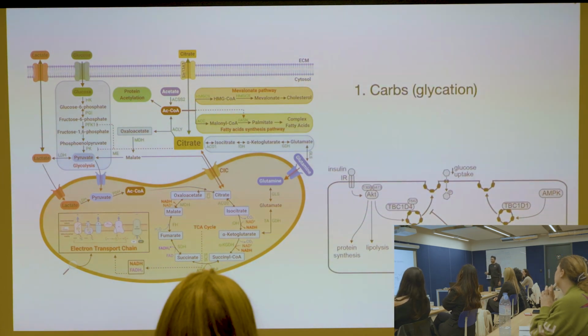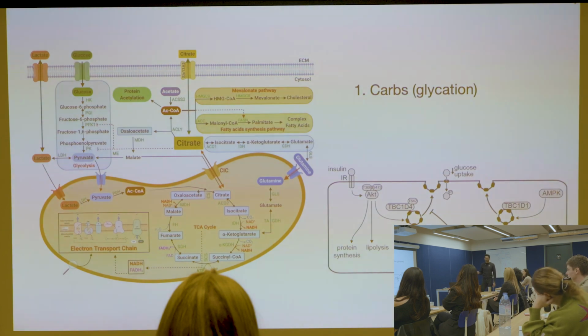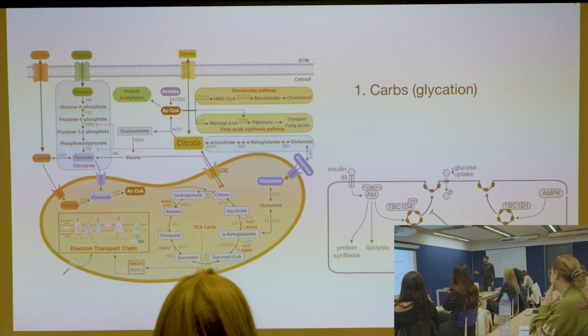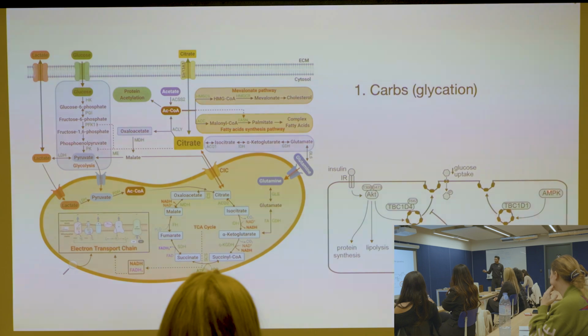So what causes that? Well, number one, carbohydrates, glycation, because we lose protein function. Imagine the glycation happens to this thing here, AMP kinase. Well, how are you going to get that in there? If that can't work properly, how can the GLUT4 go to the surface for glucose to go in once insulin docks? You can't.